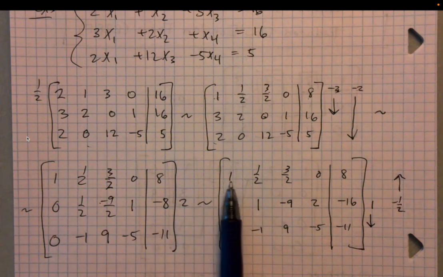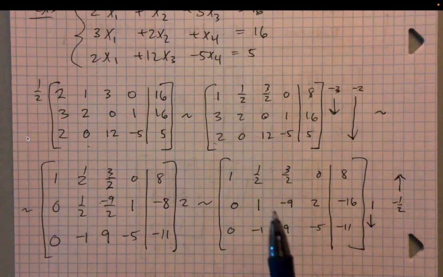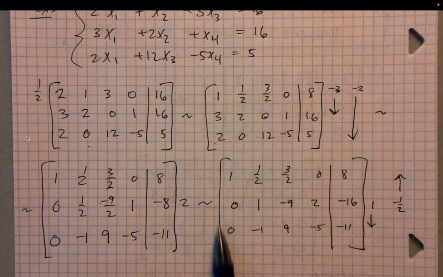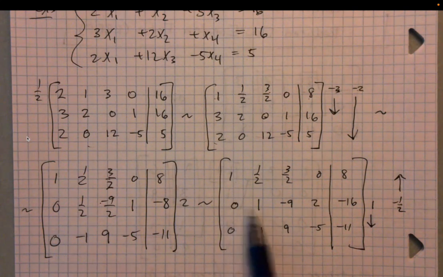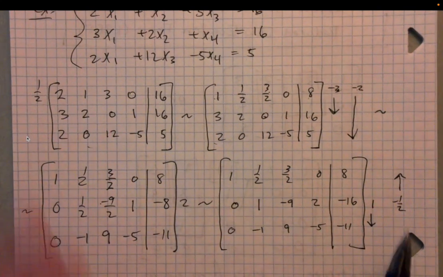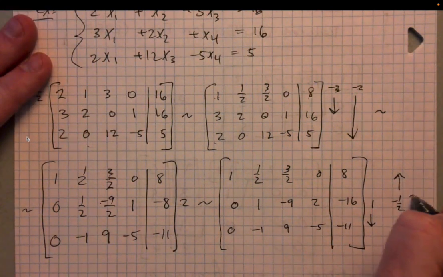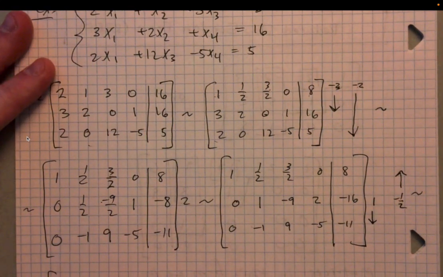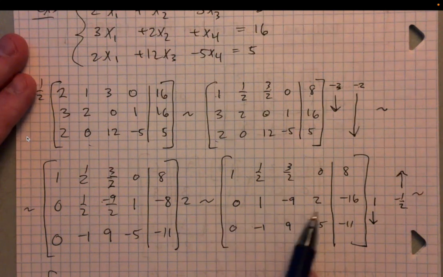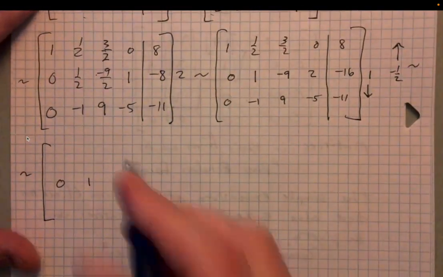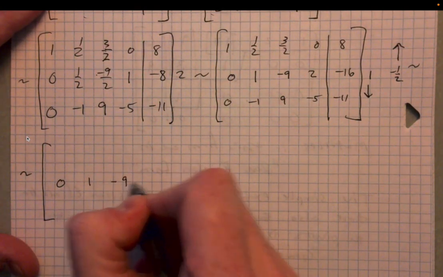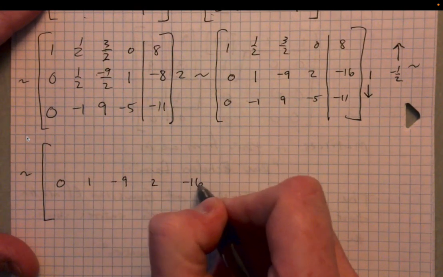So if you're working from left to right, the work that you've already done should be safe and should remain unchanged, because you should have all 0 entries in your pivot columns as you move to the right. Okay, so that's a nice thing. This wouldn't quite work if that weren't the case. Okay, so in this case, our row 2 is going to remain unchanged. So let's write that in. So 0, 1, negative 9, 2, and negative 16.